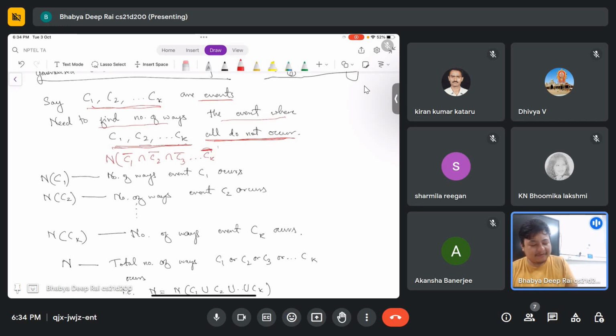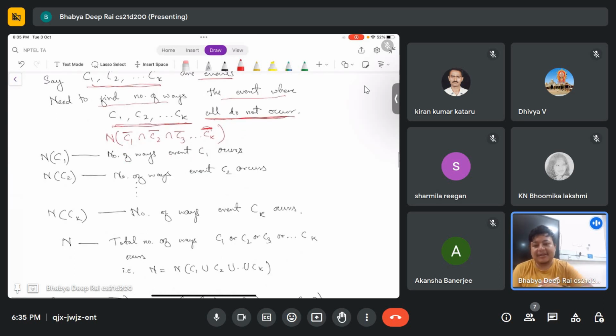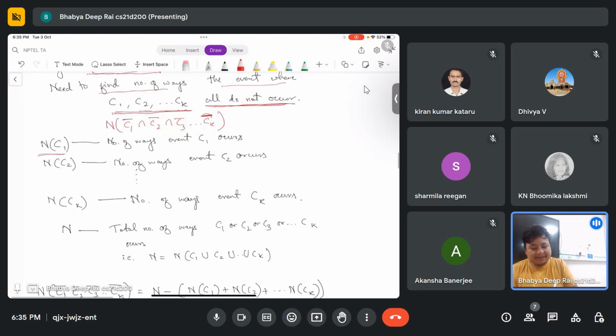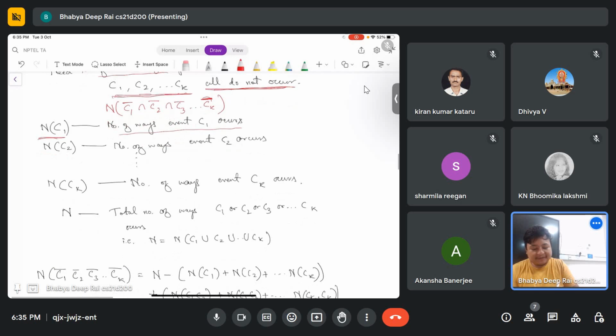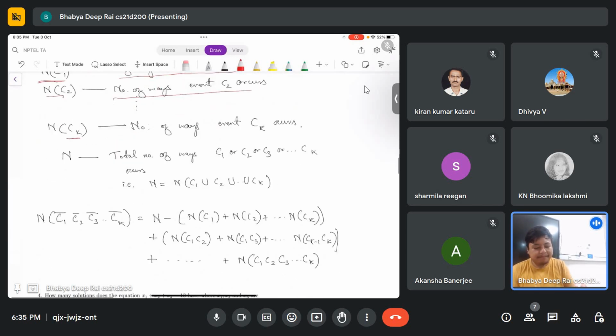The number of ways in which C1 does not occur, C2 does not occur, and so on. Finding such values is where inclusion exclusion principle is extremely useful. And n of C1 shows the number of ways event C1 occurs, n of C2 means number of ways event C2 occurs, and so on till Ck.